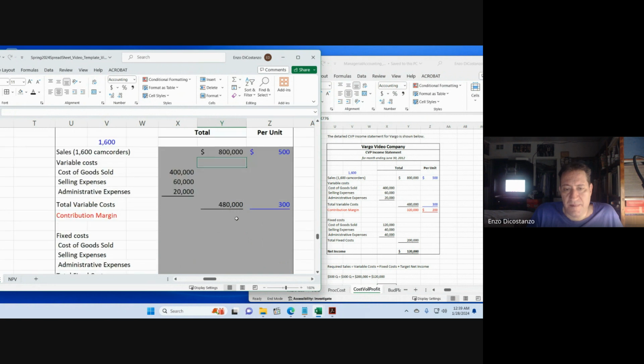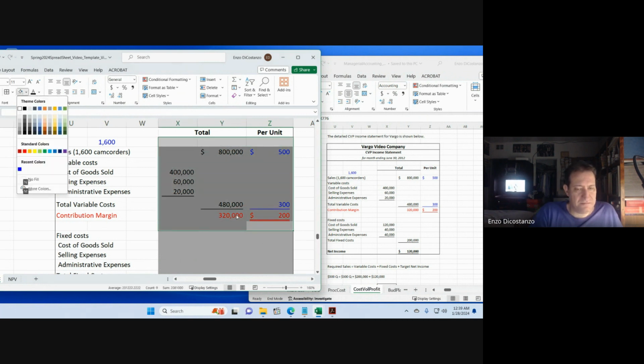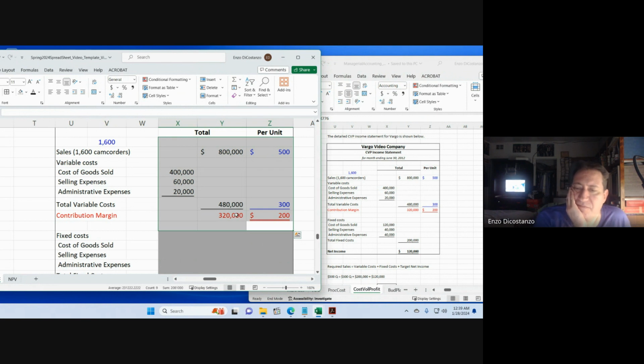And this is the subtraction of those. There you go, there's your margin.